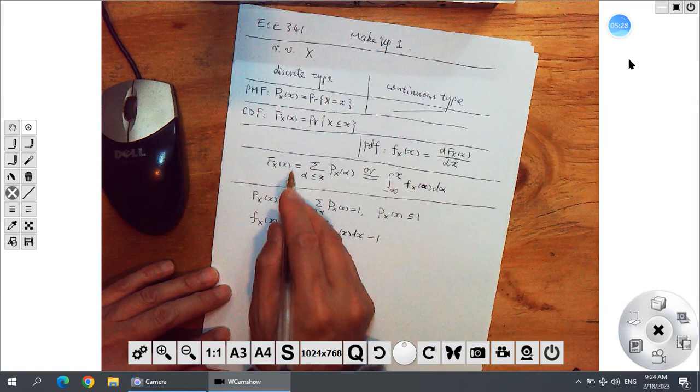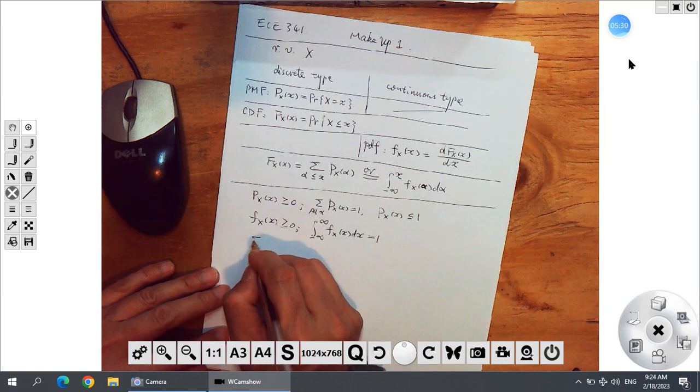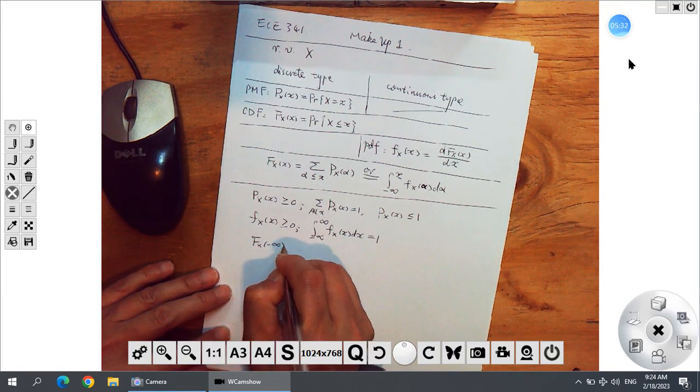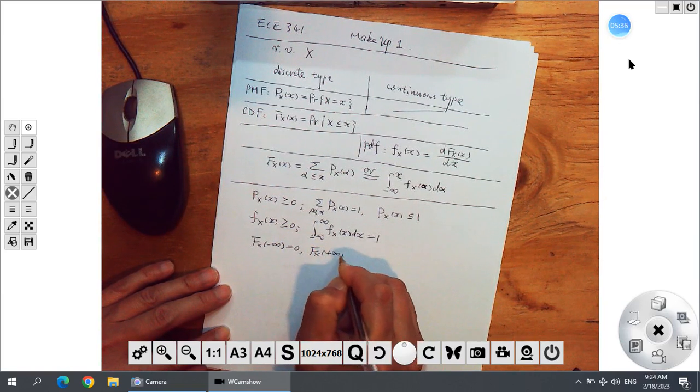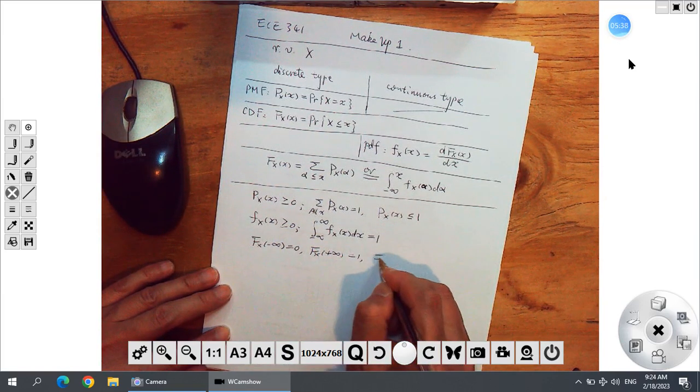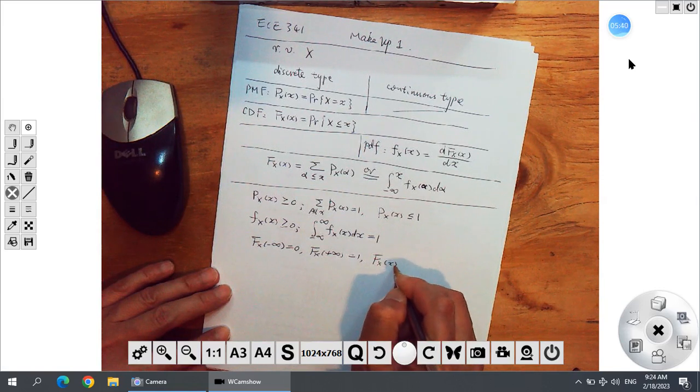And for CDF, we have Fx of negative infinity is 0, Fx of positive infinity is 1, and Fx of x is increasing.